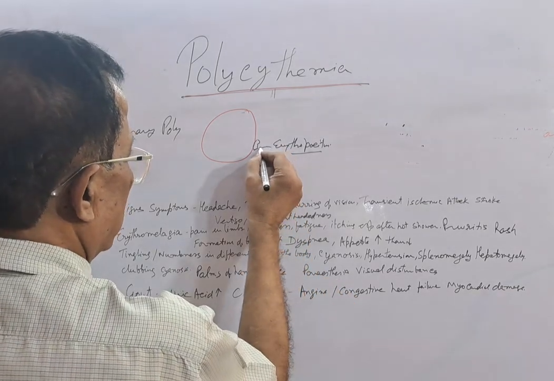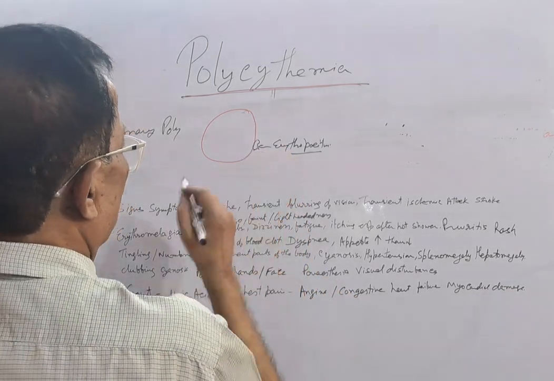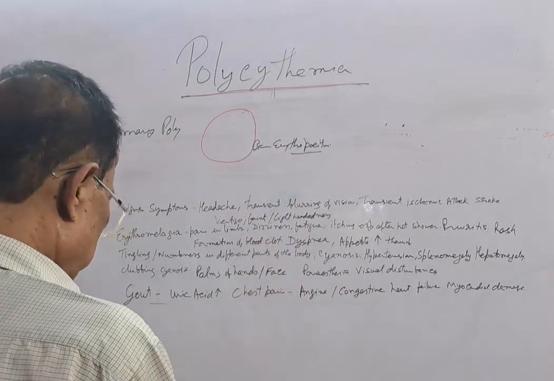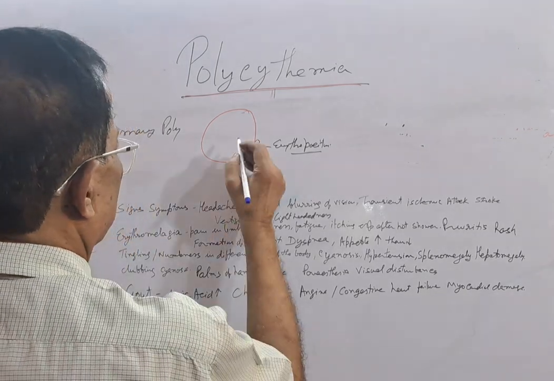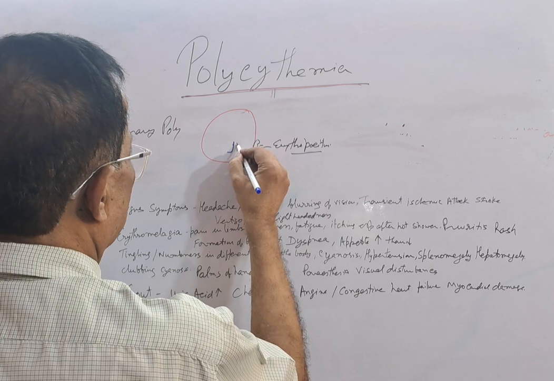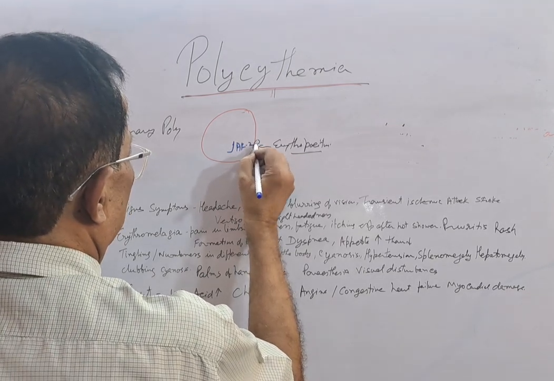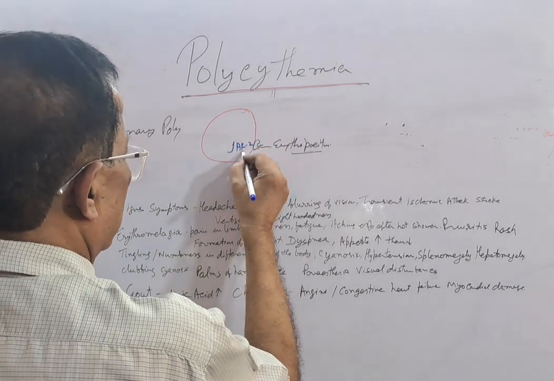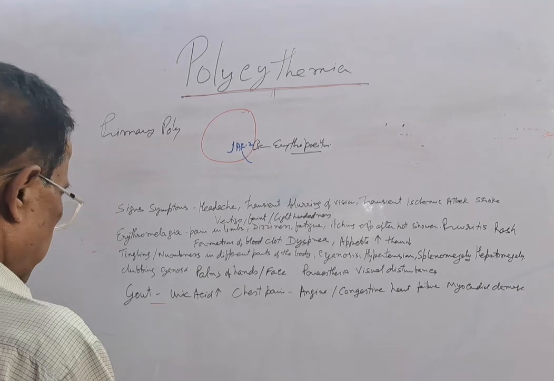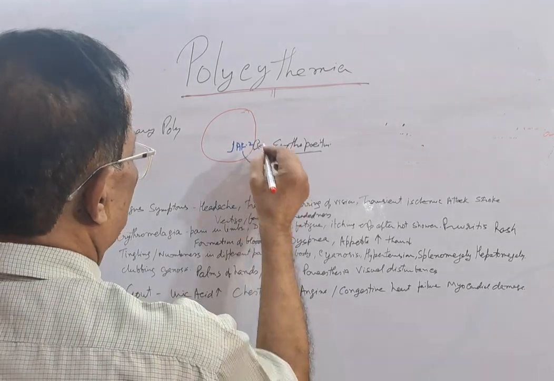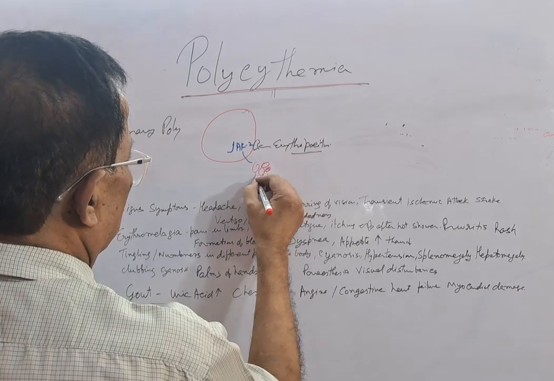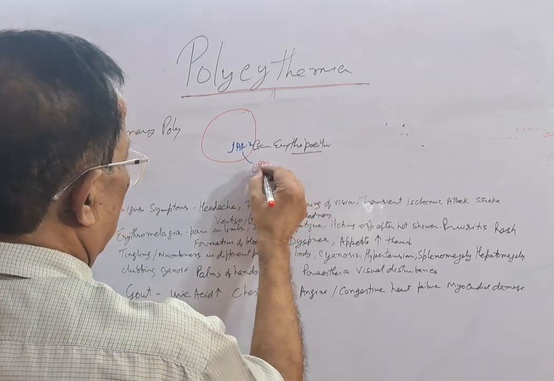When erythropoietin attaches here, this causes activation of JAK2, Janus kinase 2. JAK2 will lead to formation of RBC, WBC and platelet. It stimulates this, and a lot of these cells are produced.